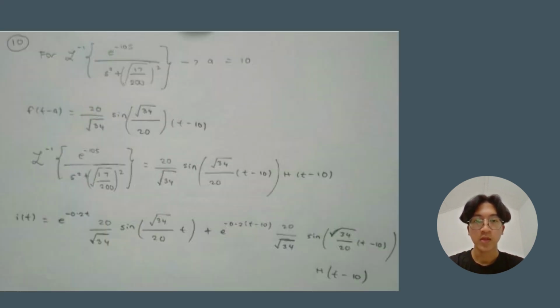Alright, the last step for solving our problem is we have to use the first shift theorem. As you can see, step number 10 is the equation where we use the first shift theorem to get our answer. That's all for me. Thank you.